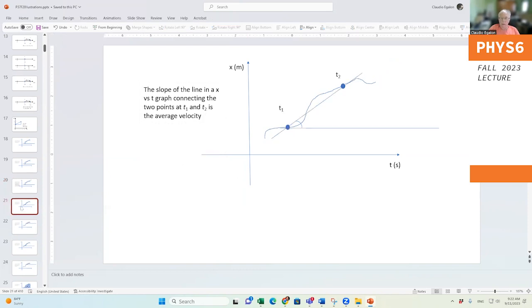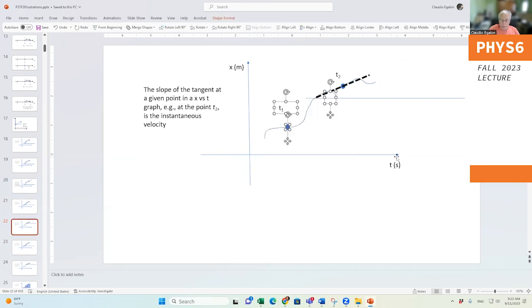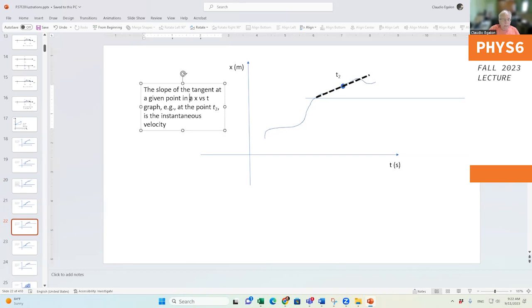And I'm going to write that down there. Let's see if I need that. Yeah, here you go. I have a better illustration here. In an x versus t graph, this is the instantaneous velocity.